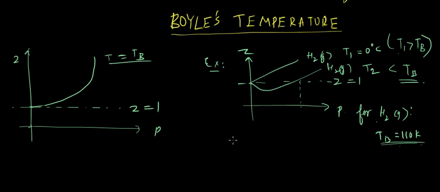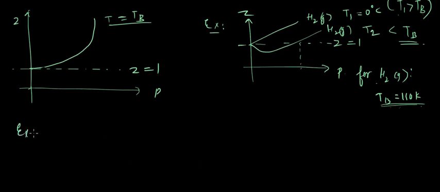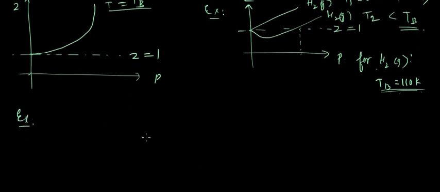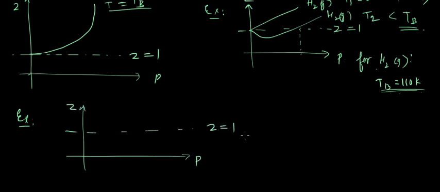Similarly, we can draw the graph for nitrogen as well. Suppose for nitrogen we have this graph between Z and P, this is equal to 1. Suppose we have this graph for nitrogen at, let's say, temperature T1. We know that for nitrogen Boyle's temperature is, let's say, 54 degrees Celsius.